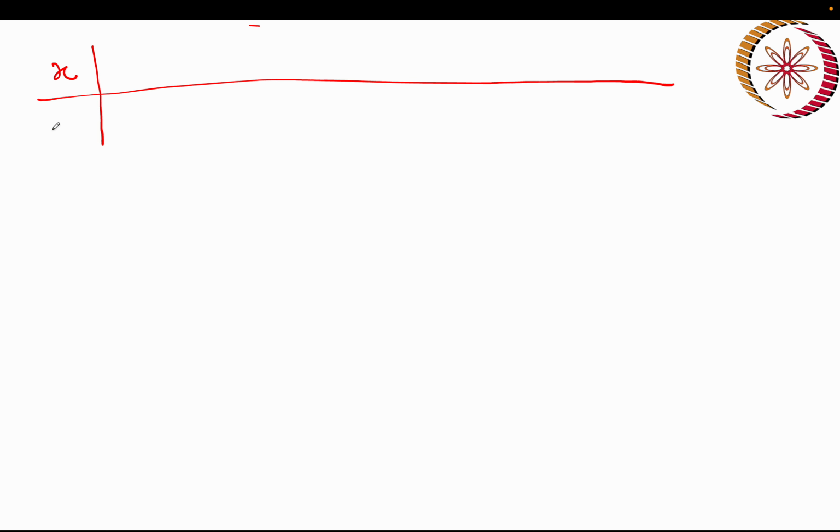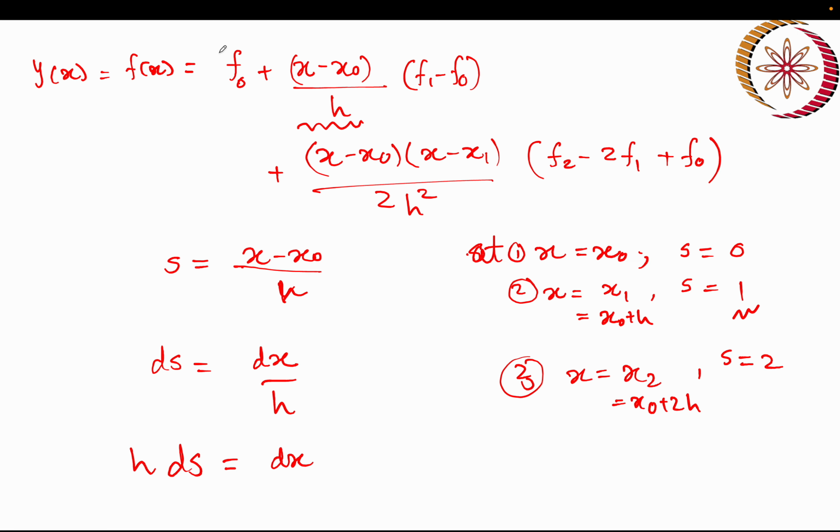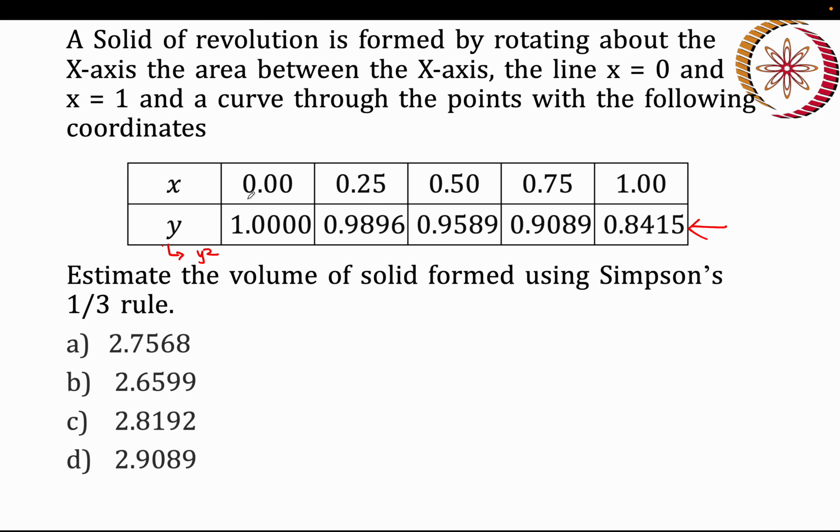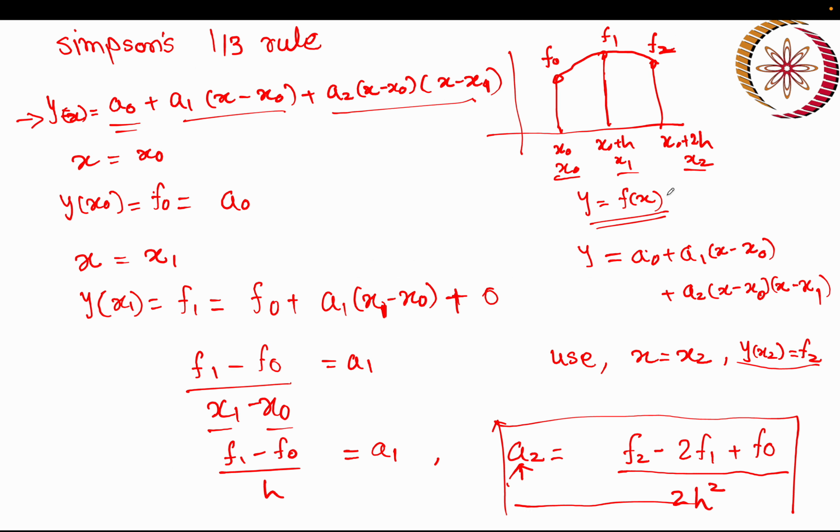Okay, so x and let's say y square value I will write directly. The x values which are given are 0, 0.25, 0.5, 0.75 and 1. So the step size is 0.25, which is constant.